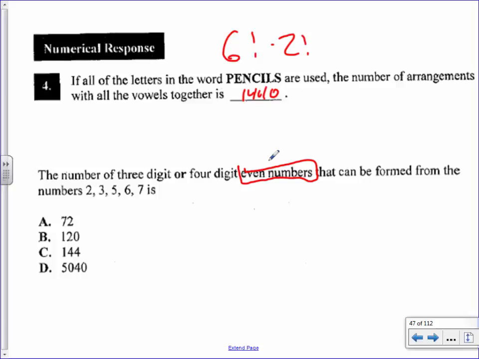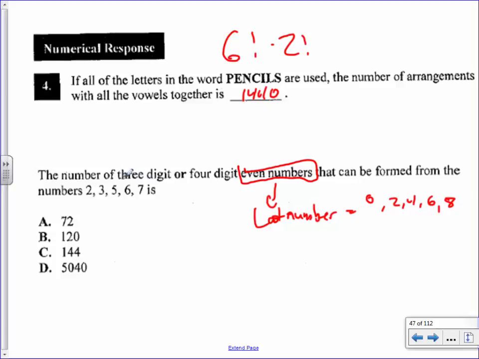Maybe a better way of putting it is even numbers either end with 2, 4, 6, 8, or 0. Does that make sense? To make something an even number really depends on the last number. The last number must either be a 0, a 2, a 4, a 6, or an 8. If the last number is like 1, 3, 5, 7, 9, then it's odd. Does that make sense?